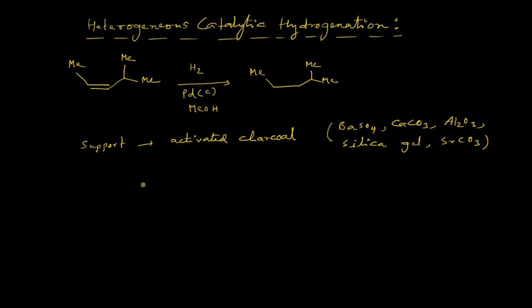In this case, the palladium on activated charcoal is prepared by reducing palladium oxide in the presence of activated charcoal, by reacting palladium oxide with either molecular hydrogen or sodium borohydride in a solvent, let's say either ethanol or methanol.